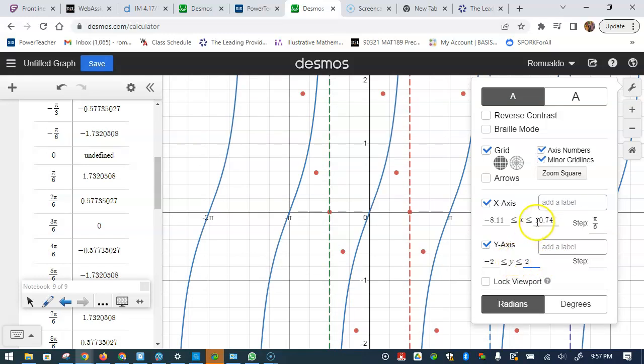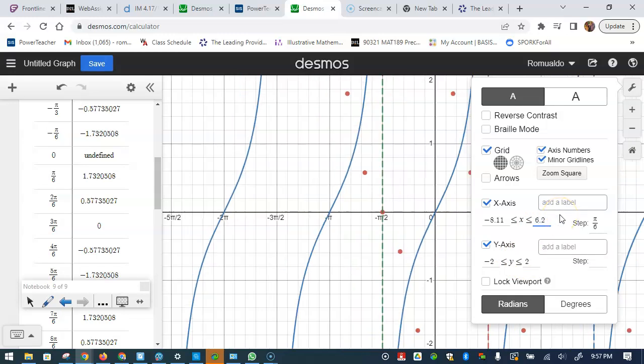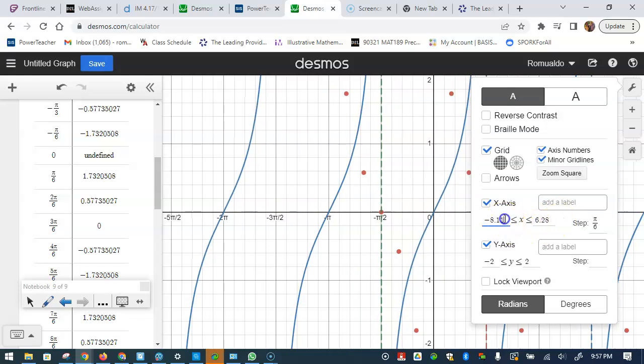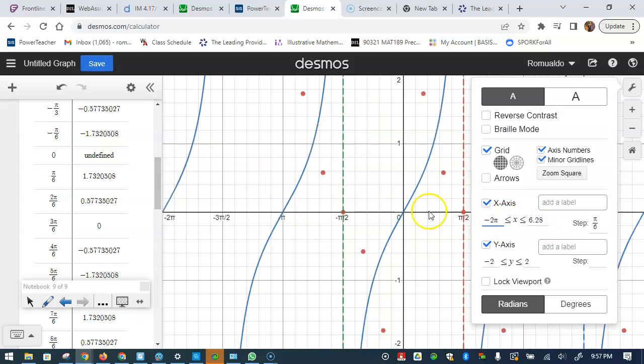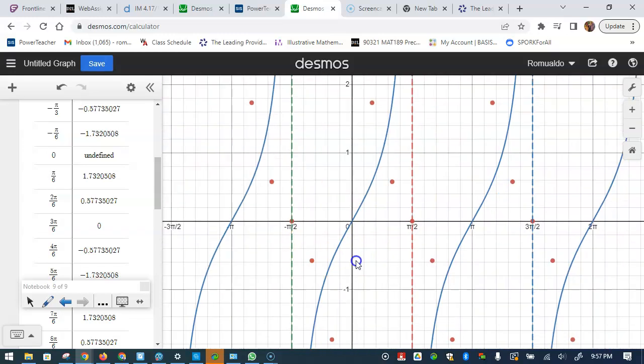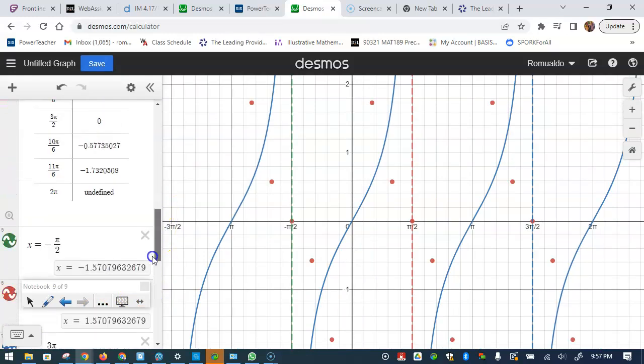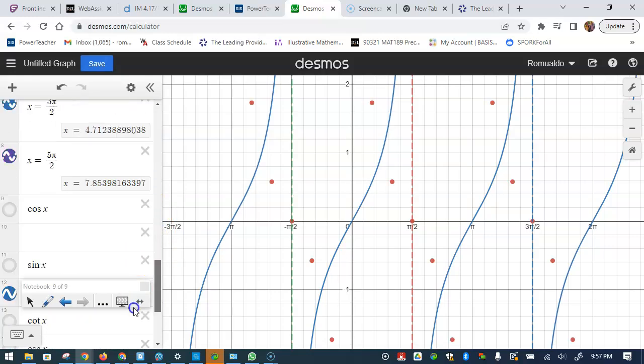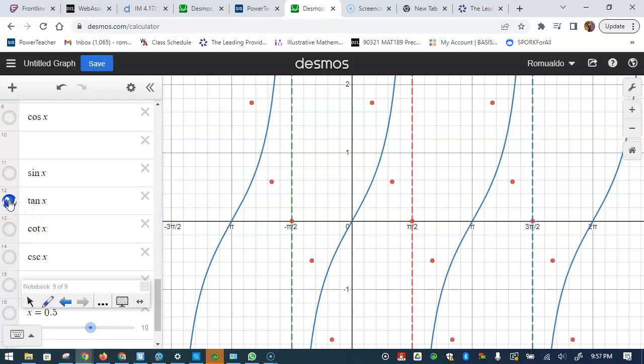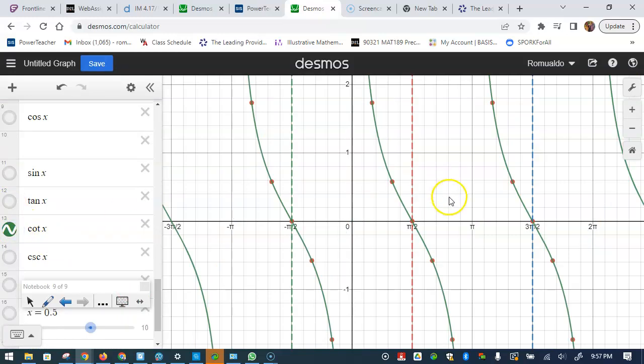And we don't want too much of this, so I'll put only maybe 6.28, which is actually 2 pi, and this I'll put minus 2 pi. Okay, so this was the tangent graph, which I'm changing now. I don't want 10. So yeah, let me take this off and put the cotangent. See this? So the cotangent looks like this.